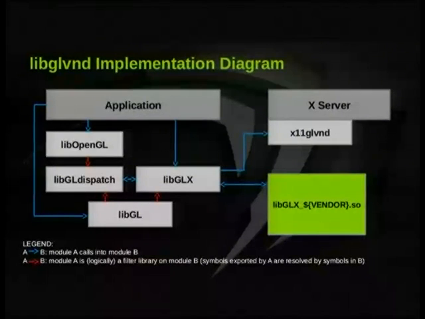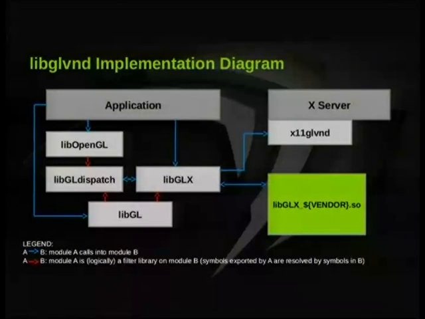But other than that, the application calls libOpenGL and libglx, or it calls around to the compatibility libgl, and then hopefully using ELF filtering or whatever kind of ELF magic, the symbols in libgl and libOpenGL get routed through to libgl dispatch. But otherwise, this is the same flow as what I described earlier.